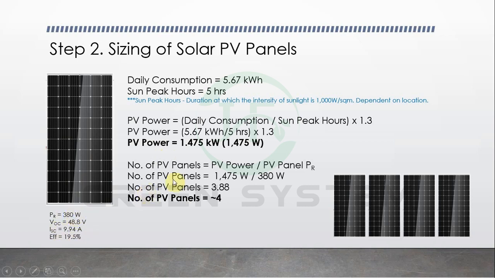So that's 1475 watts divided by 380 watts. We get 3.88, or we round this up. So we need four pieces of this 380 watt solar panel.